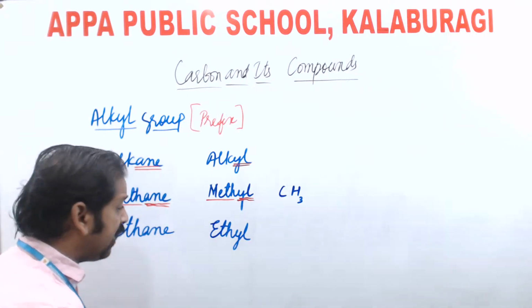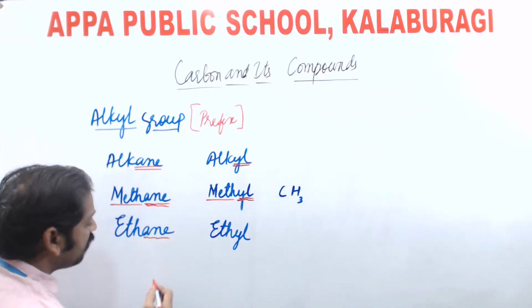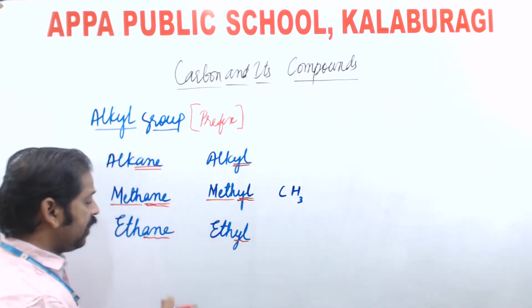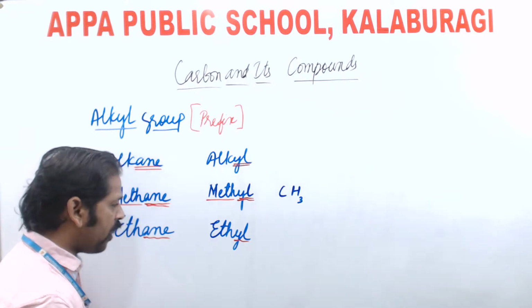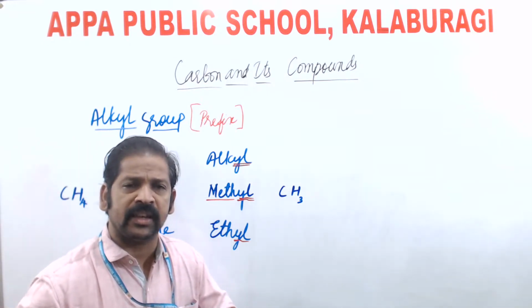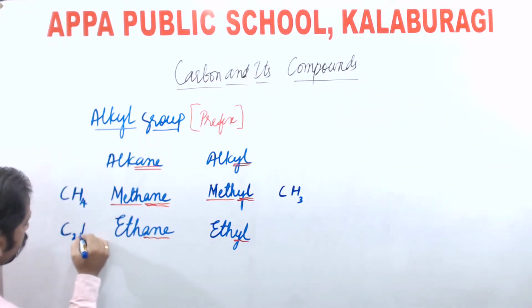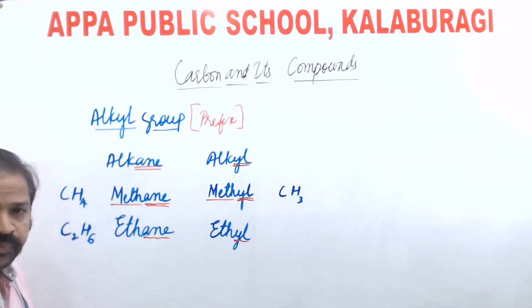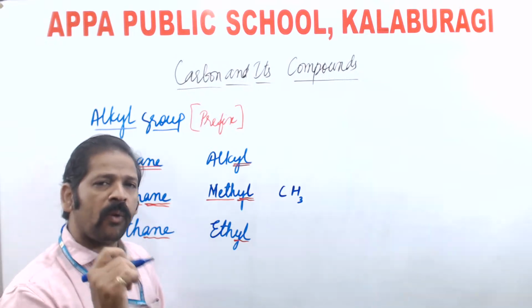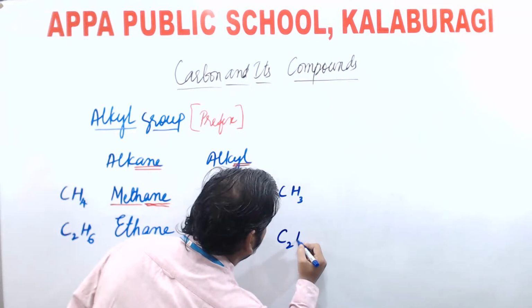ANE is replaced by YL. What is the formula of ethane? The formula of ethane is C2H6. The formula of ethyl is C2H5. One hydrogen will be removed.